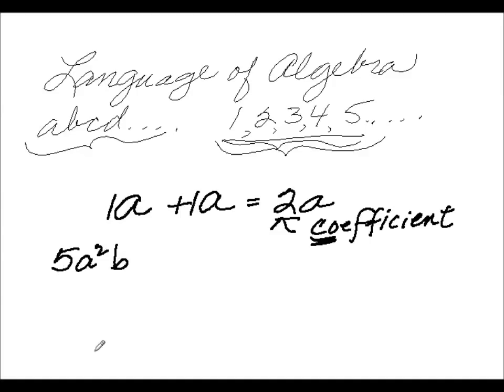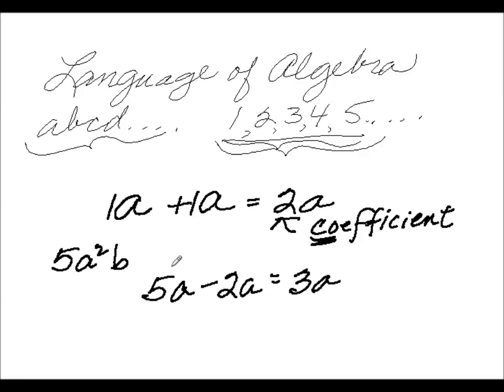The 5 is the coefficient. The other things are variables, which could be anything. We don't know what they are. When we subtract 5a minus 2a, we get 3a, and the coefficient here is 5, here is 2, and here is 3.